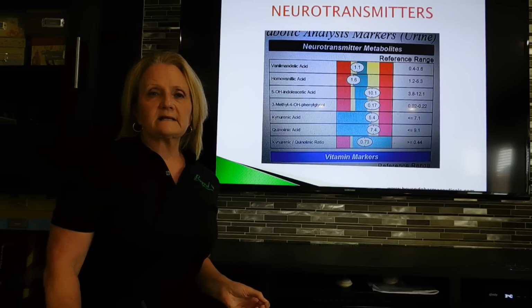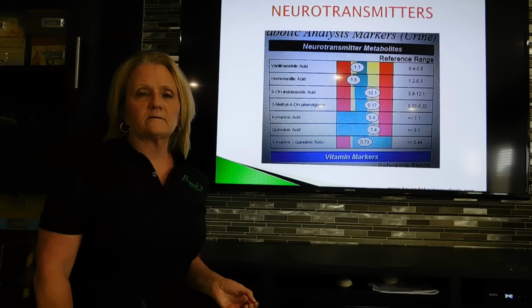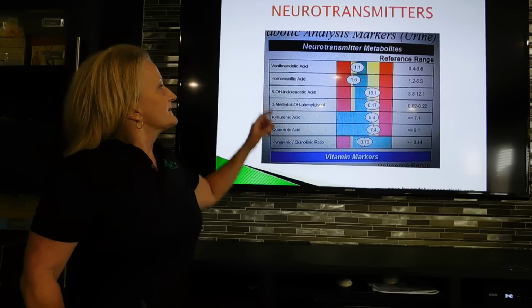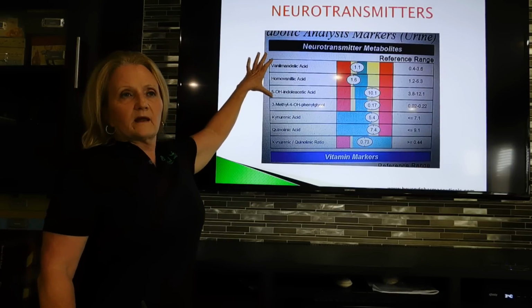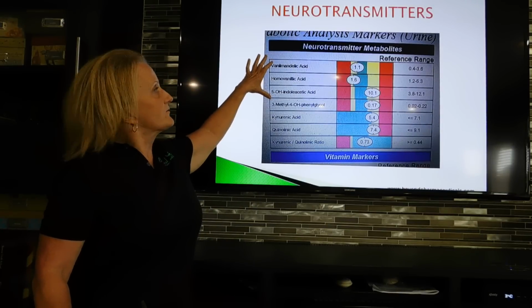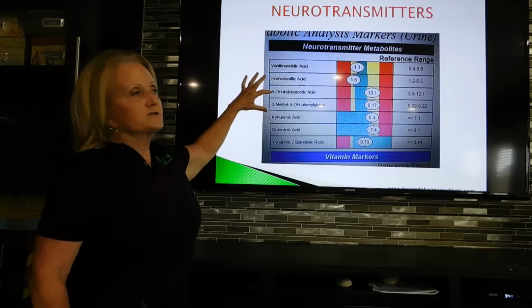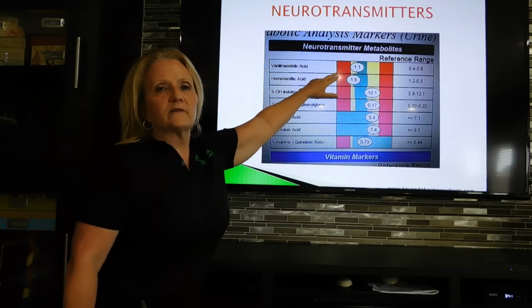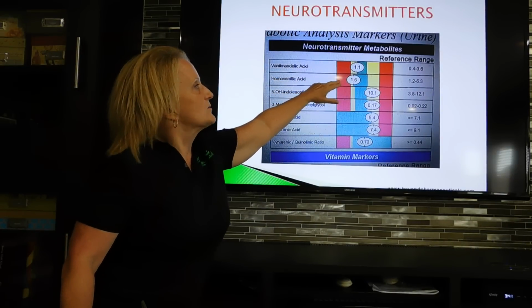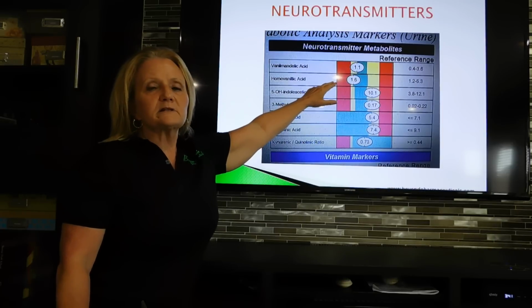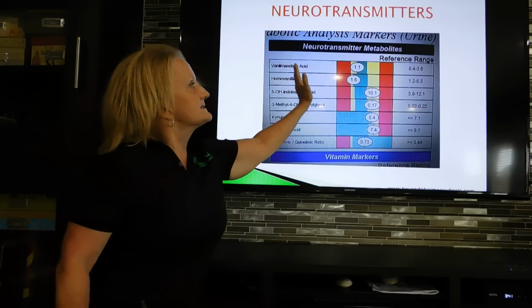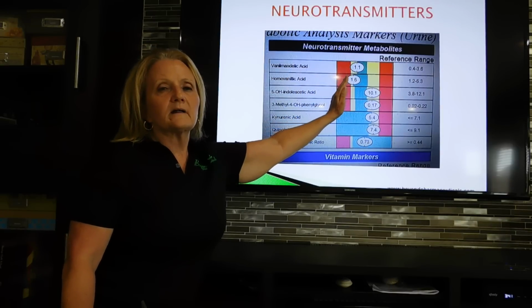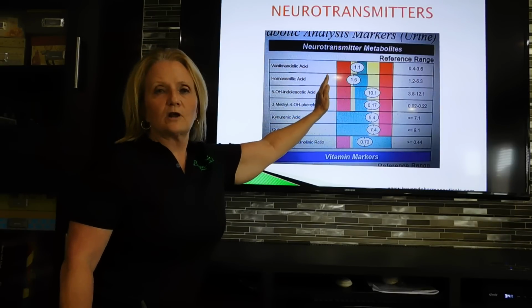So then the next thing I looked at is her neurotransmitters. Now these are the metabolites of epinephrine, norepinephrine, dopamine, and serotonin. And we can see here, these first two are a little bit low. That's norepinephrine, epinephrine, and then dopamine. And usually with high amino acids, you might see higher levels, but in her case, they're low.